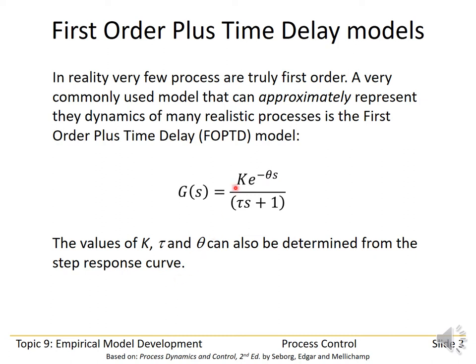The first-order plus time delay, as the name suggests, is a first-order process, k over tau s plus 1, with also some time delay, theta. Now, our empirical model has three parameters, k, tau, and theta, and these need to be determined from experimental data, like a step response curve.